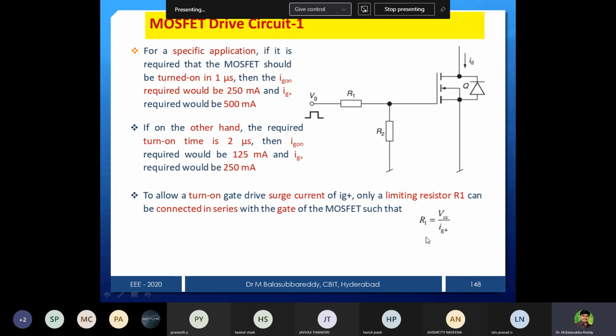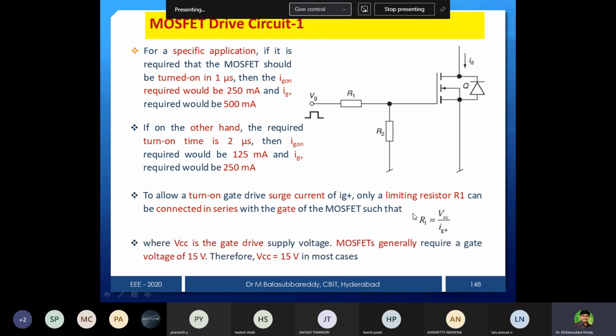Then that is going to minimize the current. With the maximum allowable IG spike and the voltage VCC, this much resistance you have to provide to limit the current. VCC is nothing but the gate drive voltage, and generally it is 15 volts in most cases, divided by IG plus. Then you will get R1.